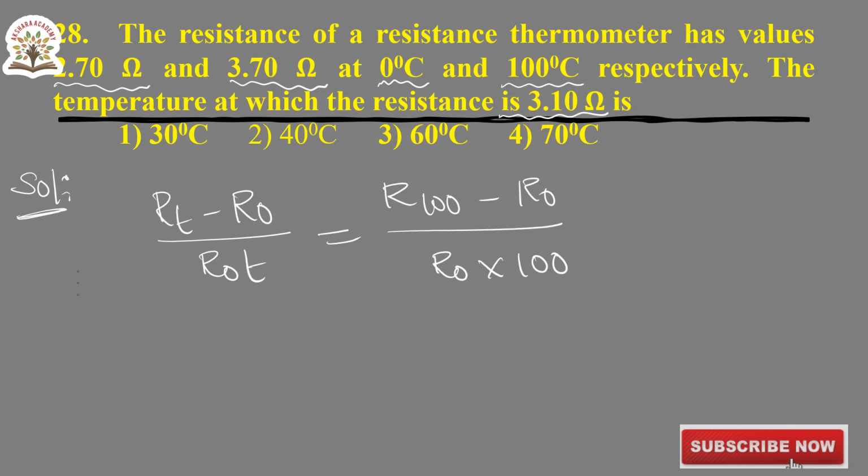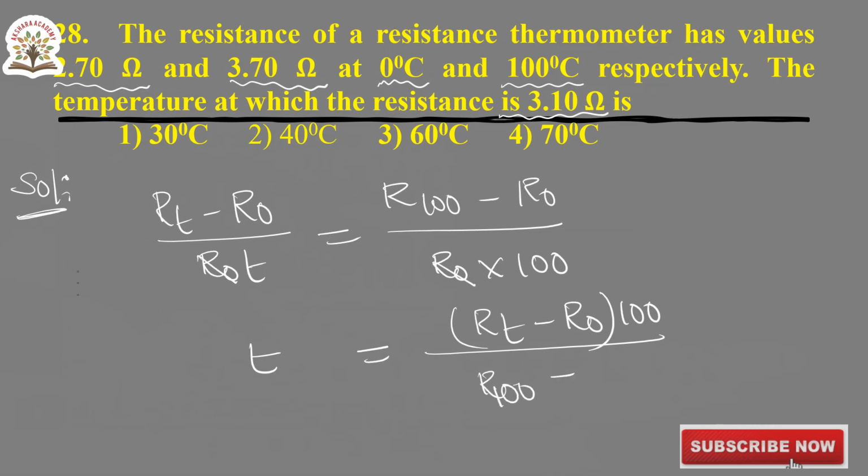Now R naught gets cancelled. T is equals to (Rt minus R naught) into 100 by (R100 minus R naught).